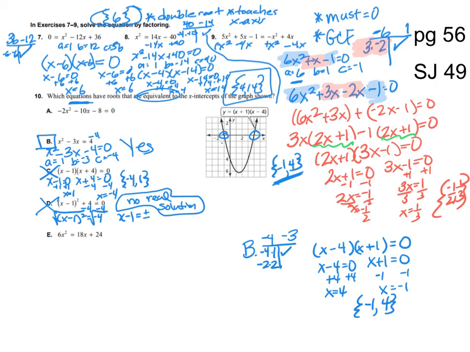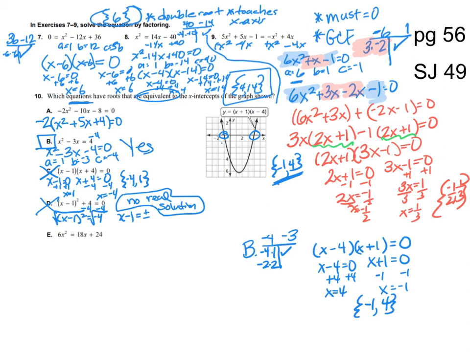I'm going to do letter A next. When I look at letter A, the first thing I notice is that it does equal 0, so I can begin to solve. The next thing I notice is that I do have a common factor of -2. -2x squared divided by -2 is +x squared. -10x divided by -2 is +5x. -8 divided by -2 is +4.